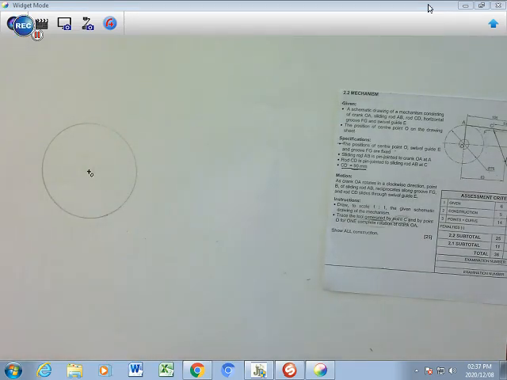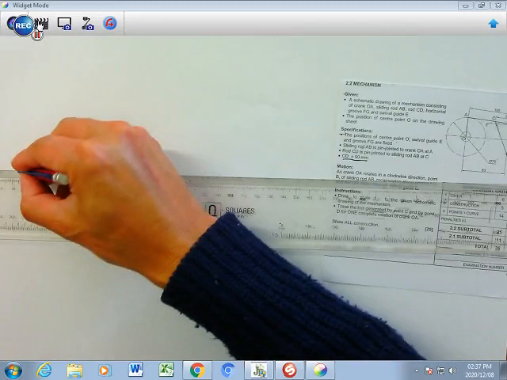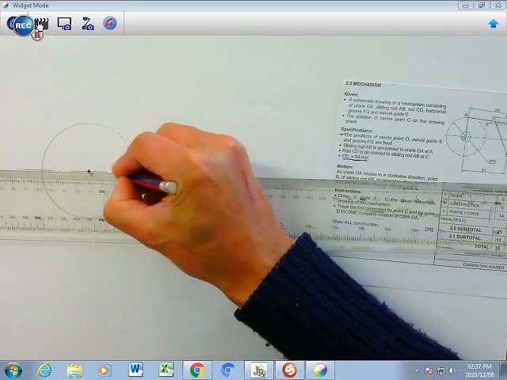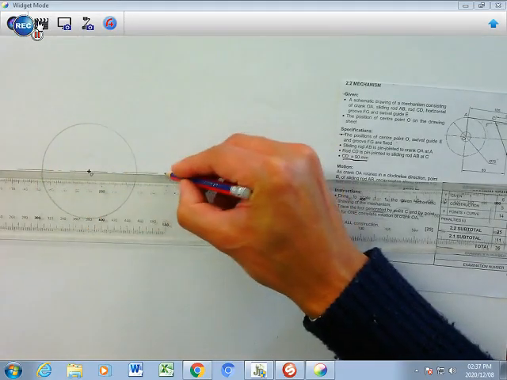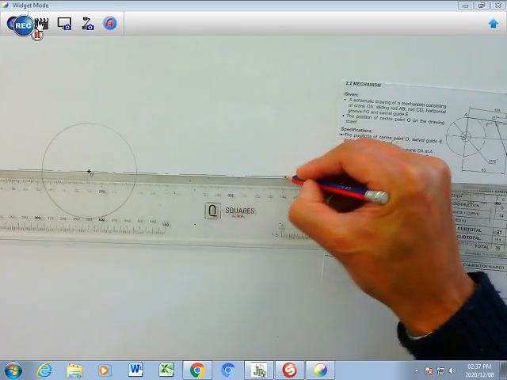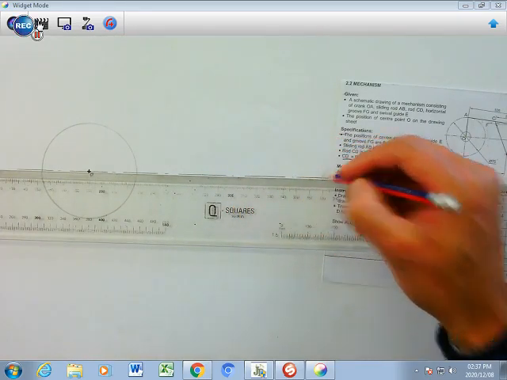Once I have that, I can take my compass, which I've drawn, and I'm taking my T-square. Then I'm going to just draw center lines horizontal to that. I'm going to carry on with the center line because I'm going to need it a little bit later on as well.